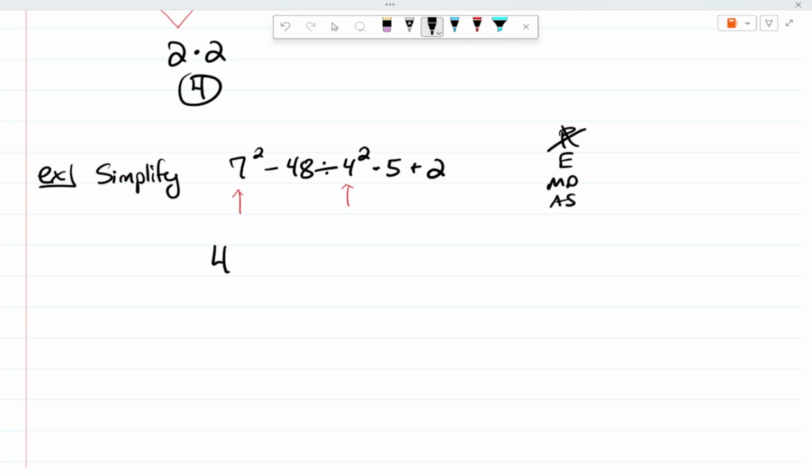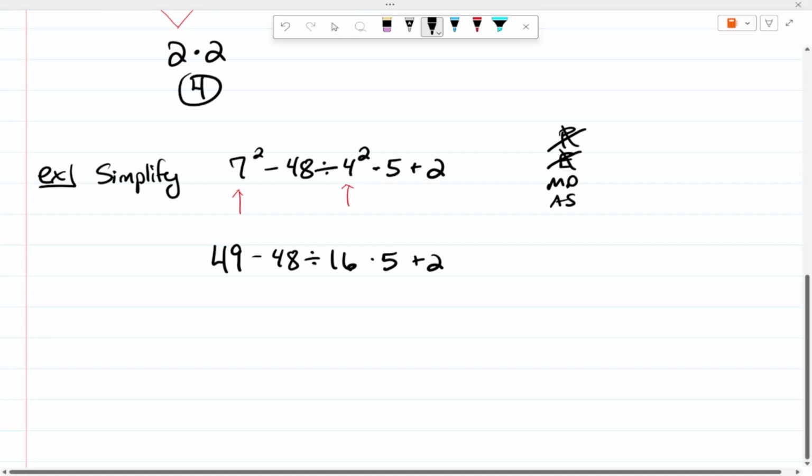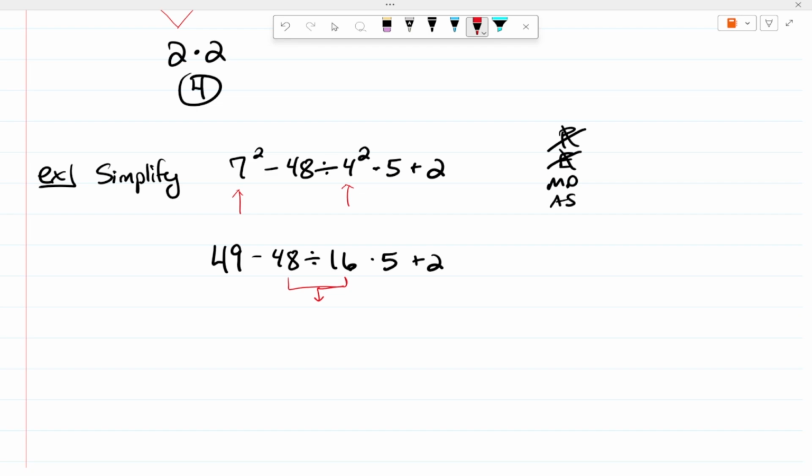So 7 to the second is 49 minus 48 divided by 16 times 5 plus 2. I don't see any more exponents, so I can scratch that out. Next, left to right, I have to do this first. So 48 divided by 16 is going to be 3. So this is 49 minus 3 times 5 plus 2.